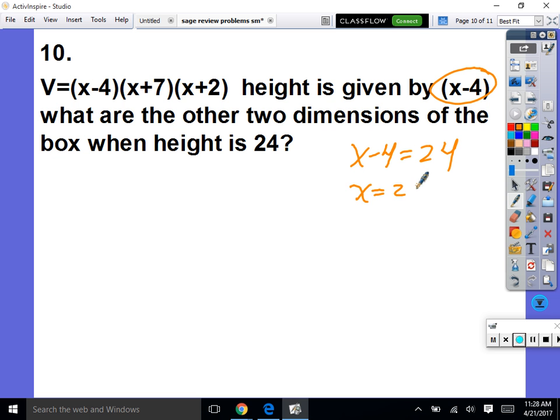Then the other 2 dimensions of the box would be found by plugging in 28, so it would be 35 and 30. If it asked what the volume was in a separate box, you would just multiply them: length times width times height, so 24 times 35 times 30.